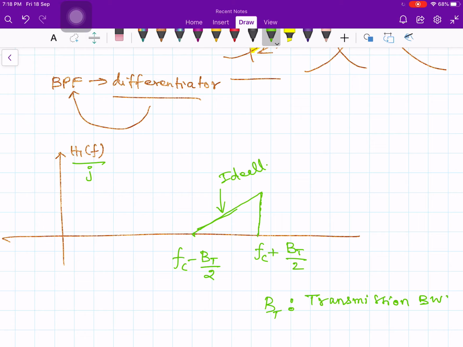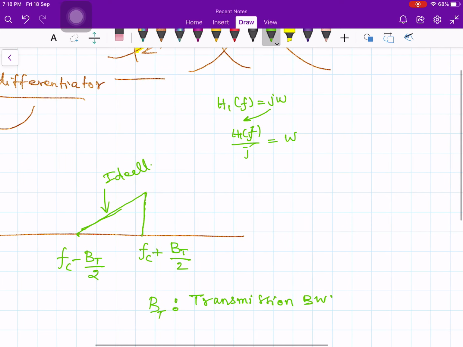Remember, I want a j omega kind of thing, that is differentiation. That's why I am plotting H1 of f divided by j. H1 of f is j omega times the function, the Fourier transform of the input. So you take this j to the denominator, and H1 of f divided by j is equal to omega times something.